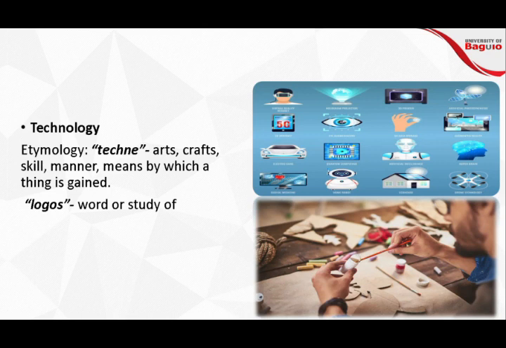For example, in the different devices, if you look at our cell phone, our car, the television, computers, there are things that are being gained: information, photos, knowledge. Knowledge is also gained through these different kinds of things. So that is what we call technology. Same as true with arts. Arts and crafts, through the use of arts and crafts, we can also gain something.